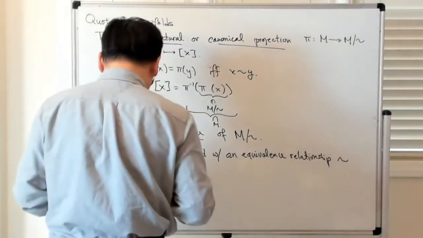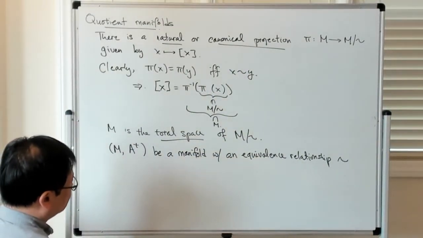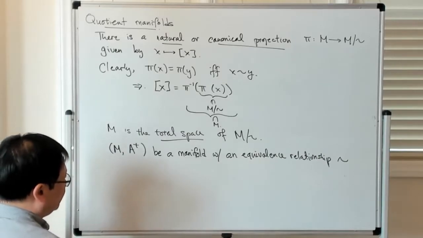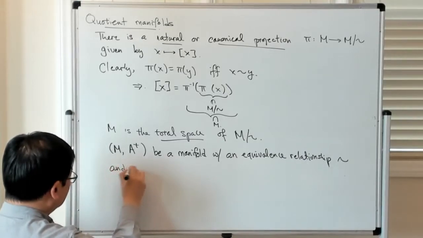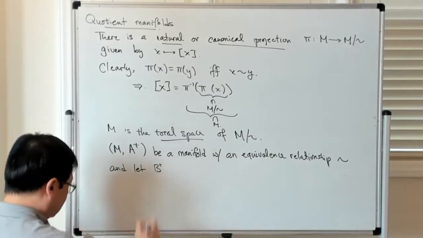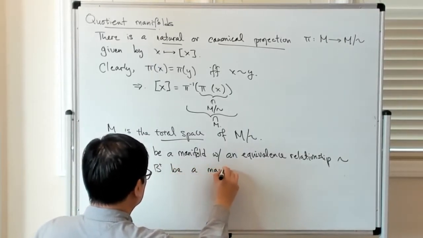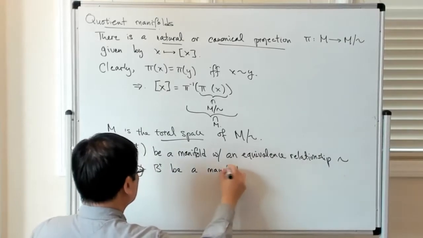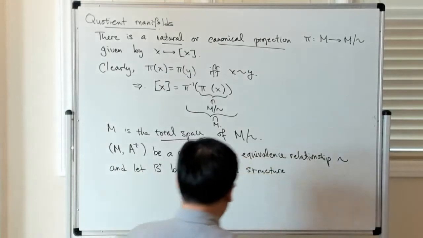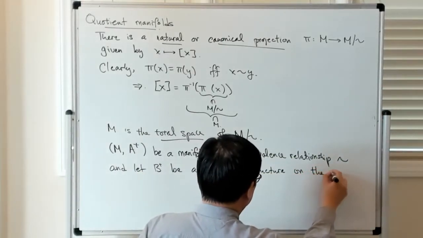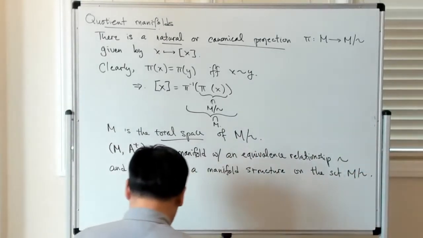Tilde. Okay. And then we want to endow this quotient with a manifold structure. So we let B plus be a manifold structure on the set M quotiented by the equivalence relationship.